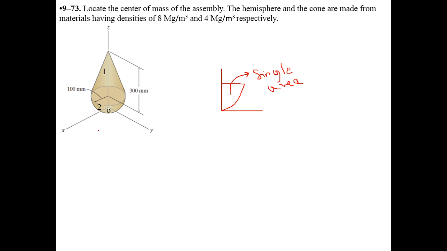So this is a composite shape, a composite body, which is composed of different simple volumes and areas. So this is no longer a single entity. The problems that we did in the previous lecture were on a single area. This is a connected system of bodies.